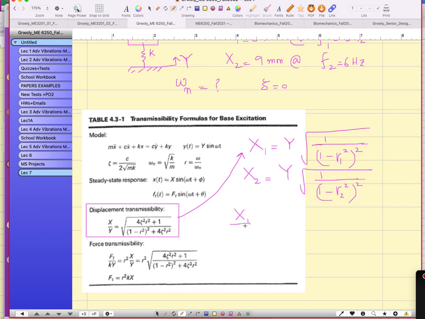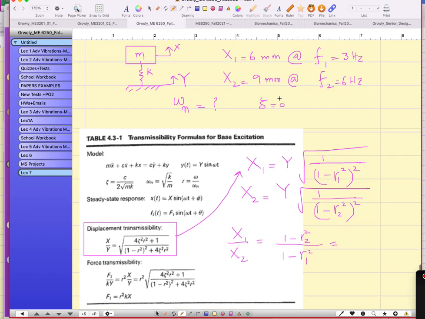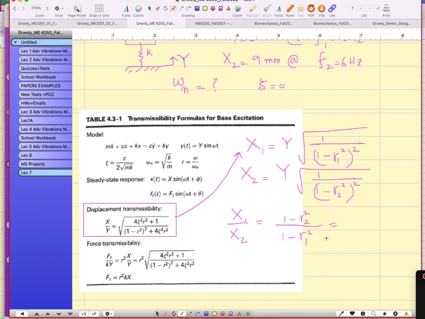So let's do x1 over x2, which is equal to 1 minus r2 squared over 1 minus r1 squared, correct? And what is x1? X1 equals 6, and x2 is 9. So left hand side is 6 over 9.